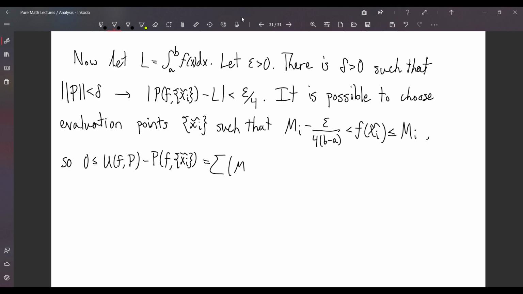So this is going to be the sum of m sub i minus f of x sub i, times delta x i. And each of these terms is going to be less than epsilon over 4 times b minus a, times delta x i. And now this is a constant. We can pull it out of the sum. The sum of the delta x i's is going to be b minus a. So this is equal to epsilon over 4. Okay.